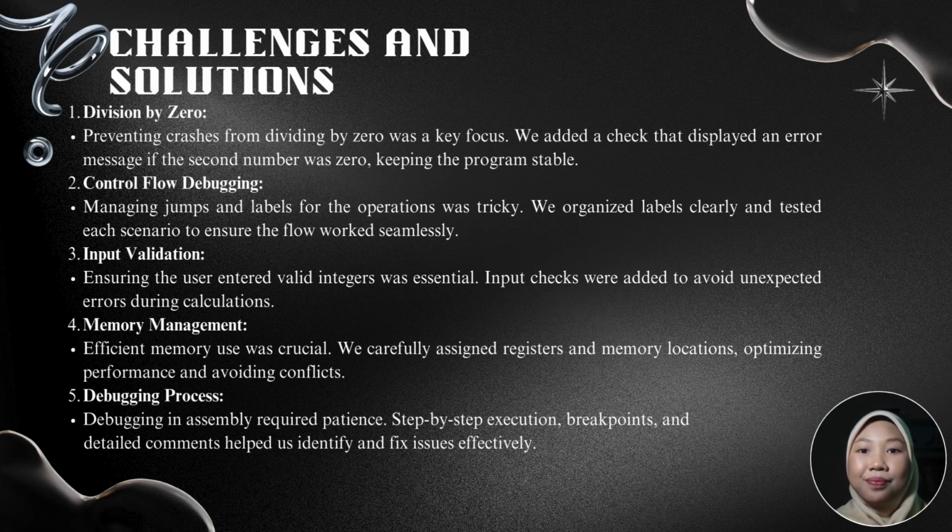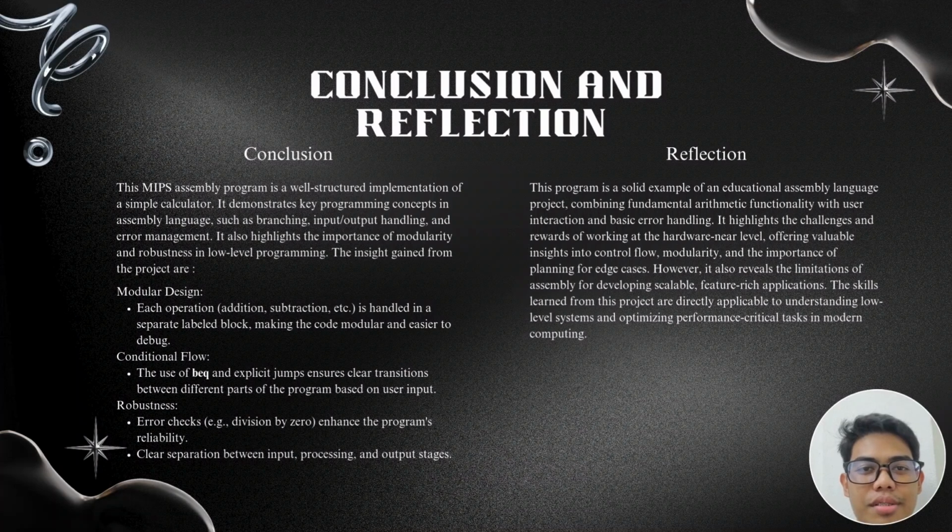The program demonstrates the structure of a simple calculator while showcasing key programming concepts. It emphasizes branching, input-output handling, and robust error management, all critical in low-level programming. Each operation, like addition or subtraction, is isolated into label blocks, making the code easier to debug and maintain.